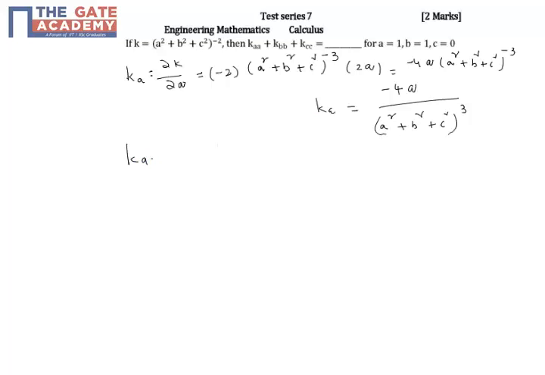Kaa means dou by dou A of dou K by dou A, two times. So for this you have to apply the U by V formula.